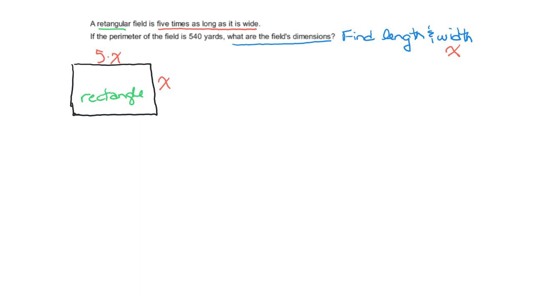And it says that the perimeter is given as a total of 540 yards. So here's what we know so far. The perimeter, which is the sum of all sides, is 540 yards.